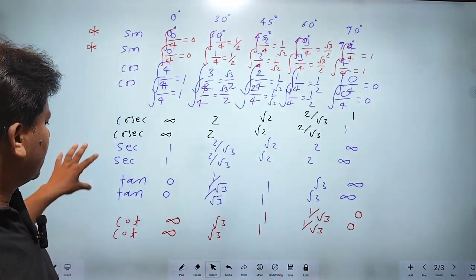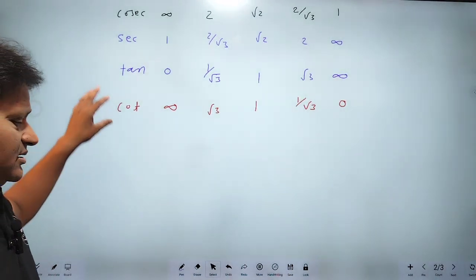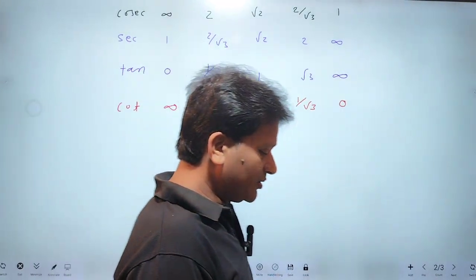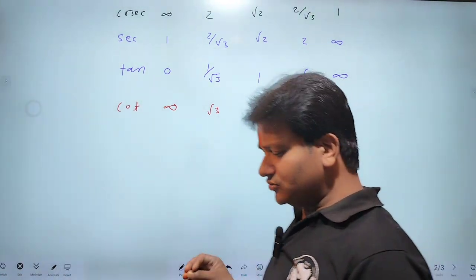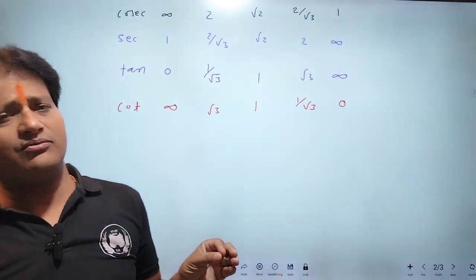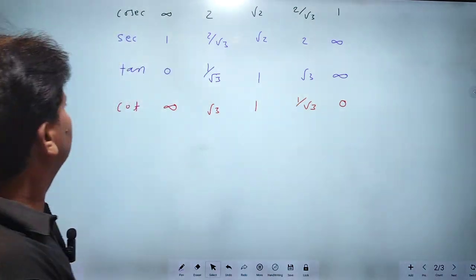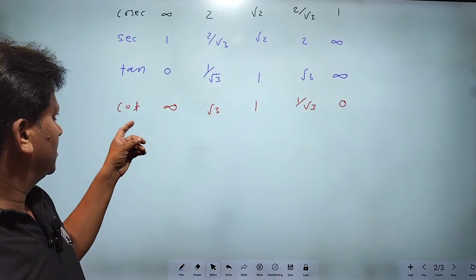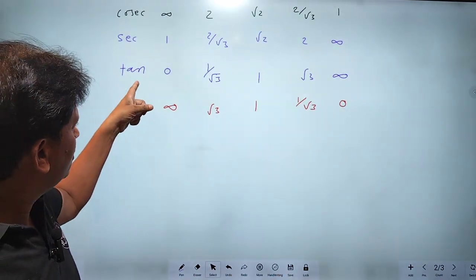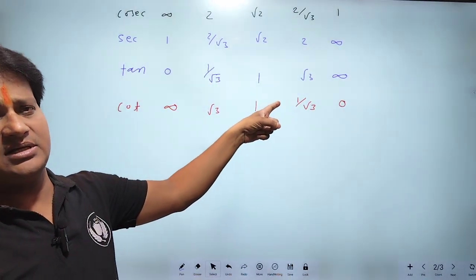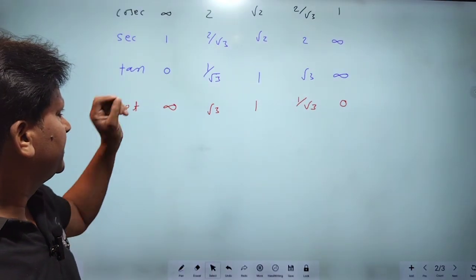We know that tan theta into cot theta, I have already taught you, will be equal to 1. Therefore, cot theta is equal to 1 upon tan theta, meaning the reciprocal of tan theta is equal to cot theta.